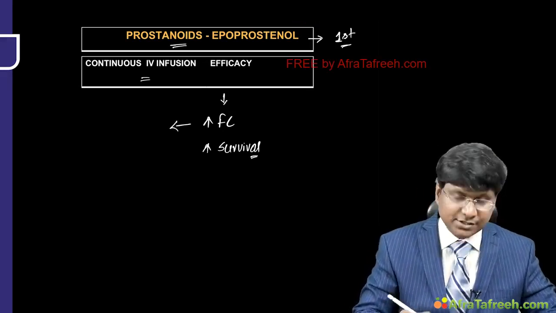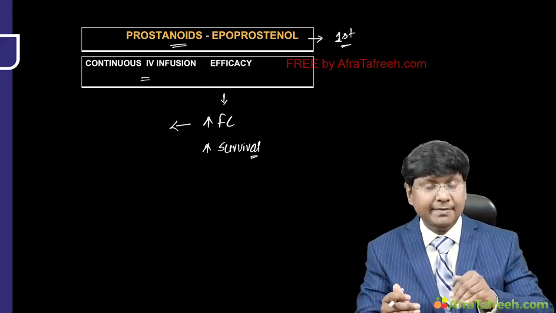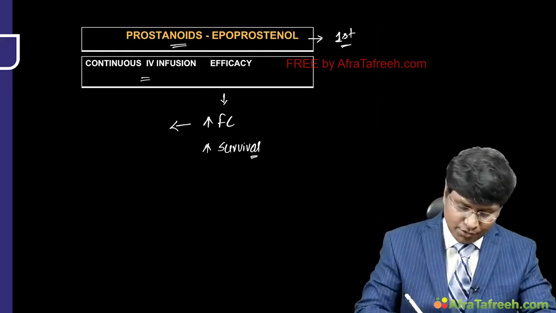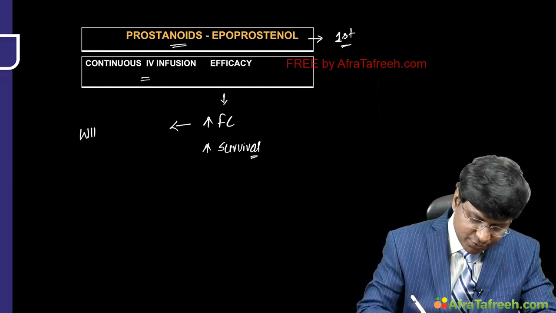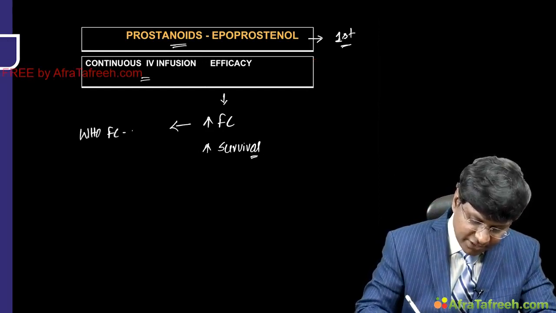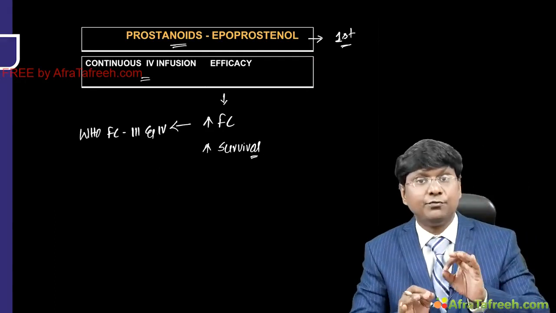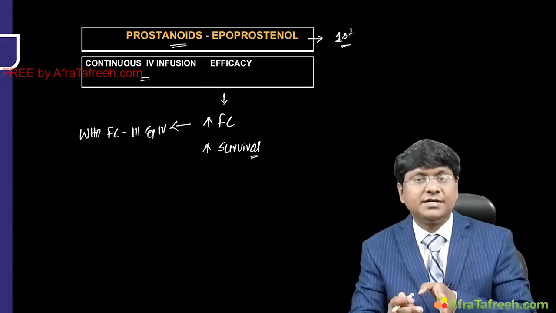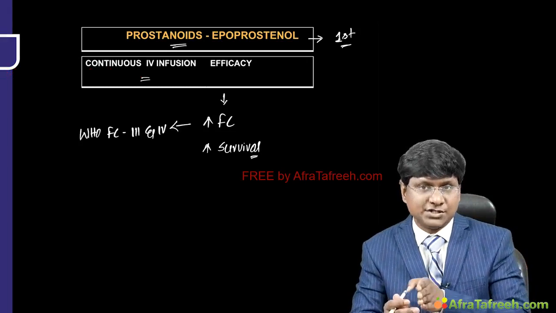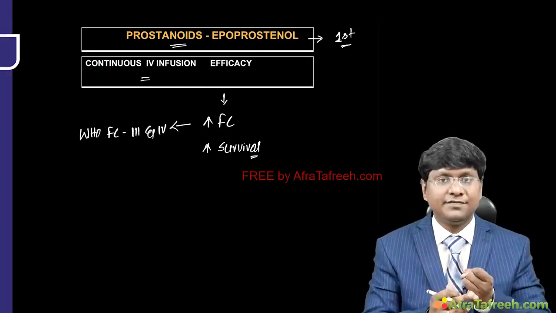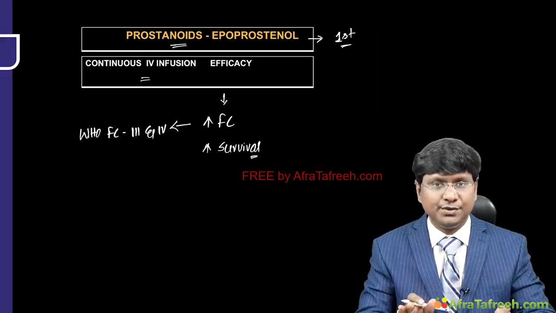Which functional class is improved by epoprostenol? You can give this in WHO functional class 3 as well as functional class 4. Once you give this in WHO functional class 3 and 4, the onset of dyspnea and fatigue can be reduced.